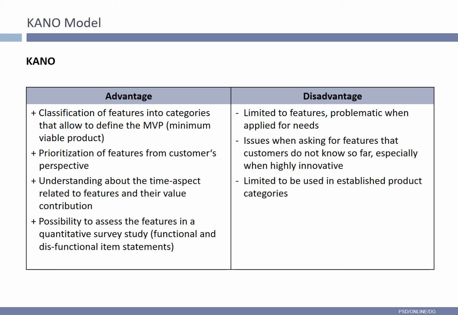Of course, the Kano model has some disadvantages. First of all, it is rather limited to features and solutions. So the conceptual model of Kano, when he brought it up in the 80s, says that this is a great framework to classify needs. However, at that time, the clear separation between needs and features, or needs and solutions, was not that clear.